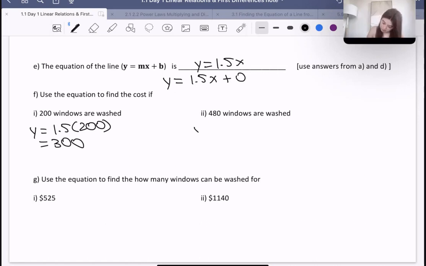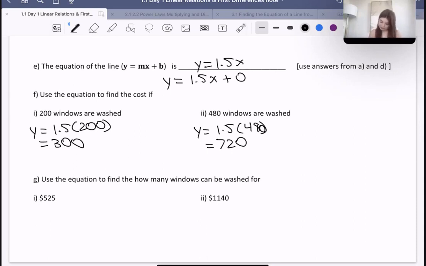And if 480 windows were washed, it would cost how much? 1.5 times 480, which is 720. Awesome. So $720 for 480 windows to be washed.